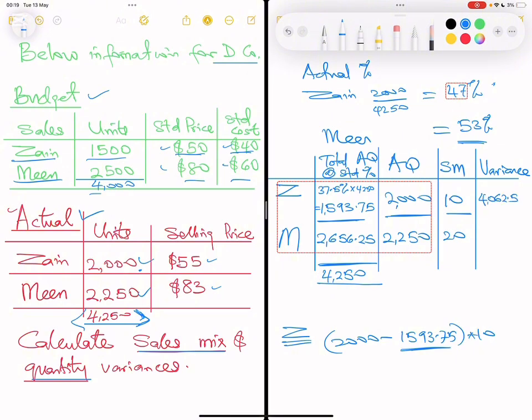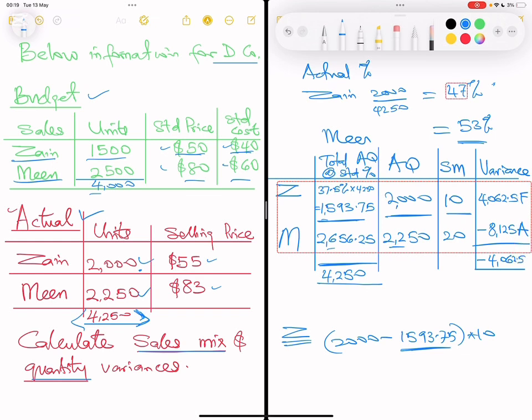And because the actual is more than the standard, that is favorable. The same thing we'll do for Mean, we'll get minus 8,125. However, the actual is less than the standard, and that will be adverse. And the net mix that we're having will be negative 4,062.5.